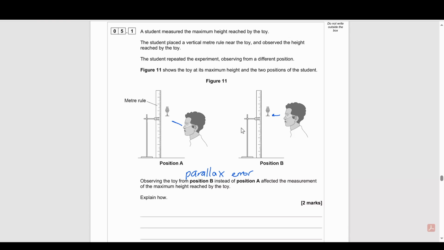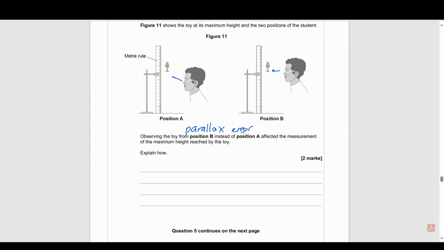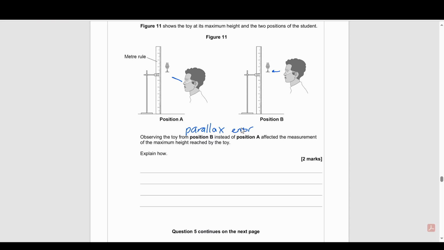So obviously that means that it's more accurate. So the idea that we should be including here is that the measurement will be more accurate from position B. And we've given the explanation for that, as the eye is in line with the toy.